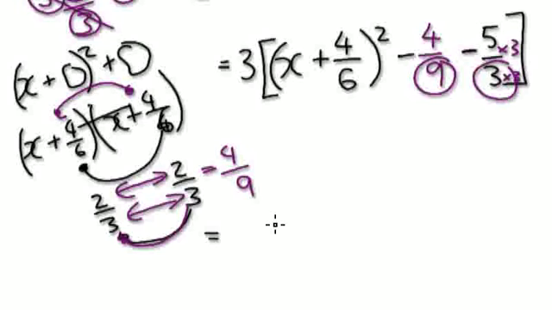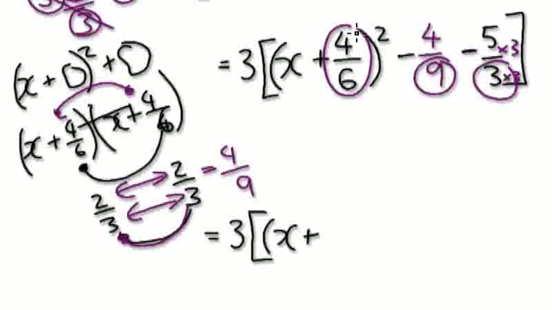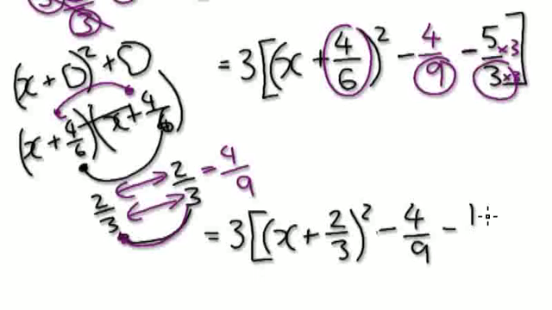So this would be 3 bracket, inner bracket, plus, remember we simplified this to 2 over 3, so 2 over 3 squared, and then this thing will be minus 4 over 9, take away 15 over 9.